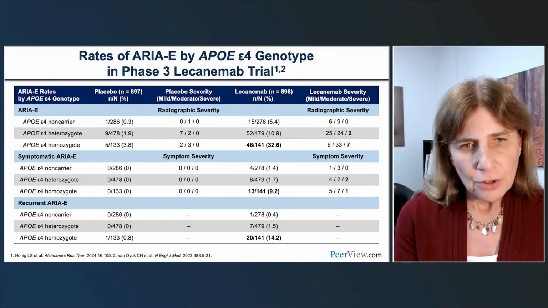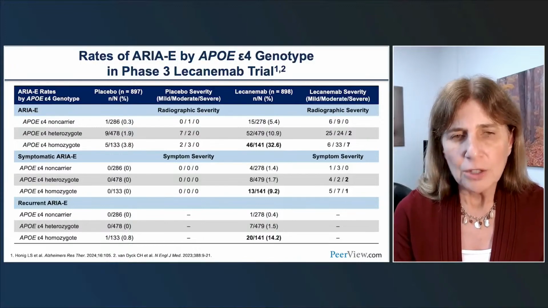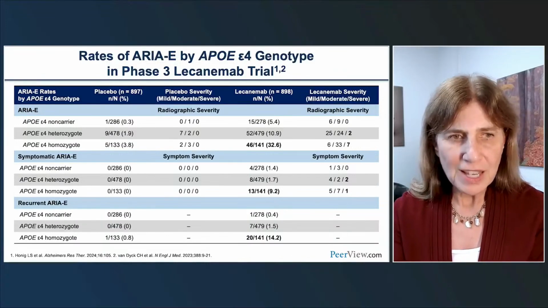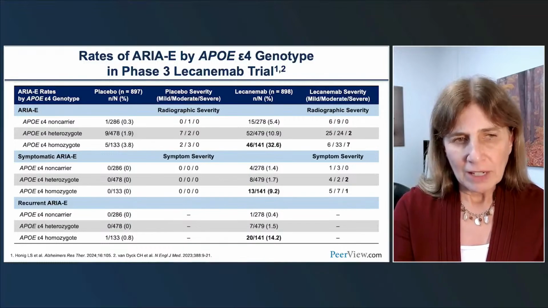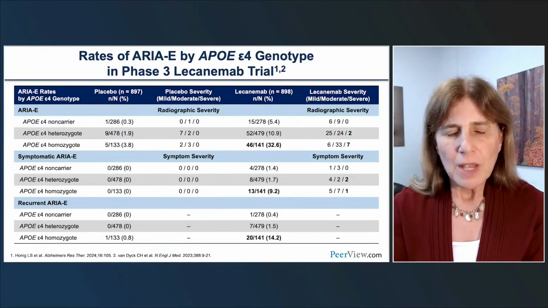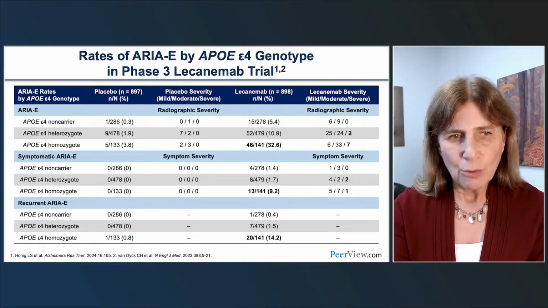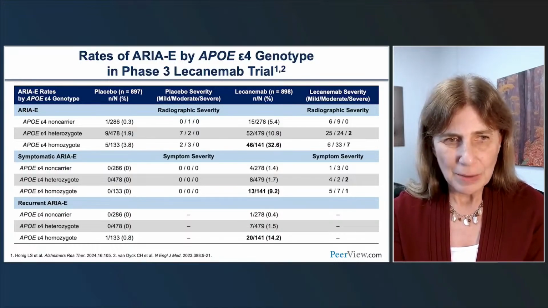In the lecanemab column, you see that you're going from 5.5% in the non-carrier to about 11% with one copy of ApoE4, up to 32.6% ARIA-E when you have the ApoE4 homozygote state.